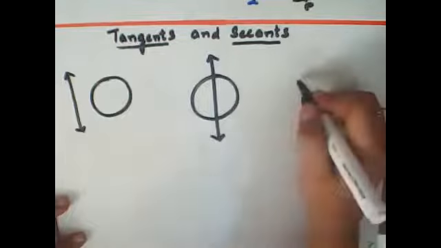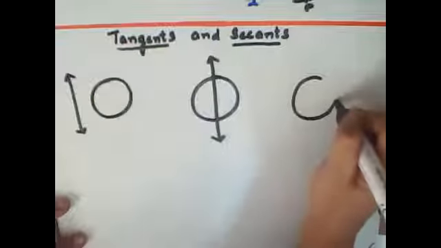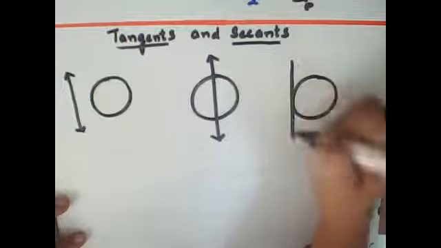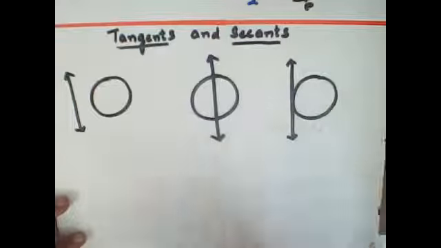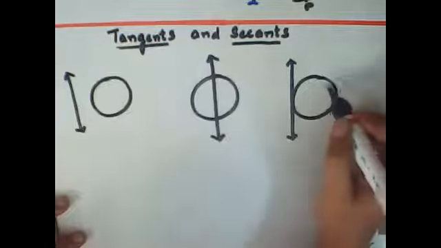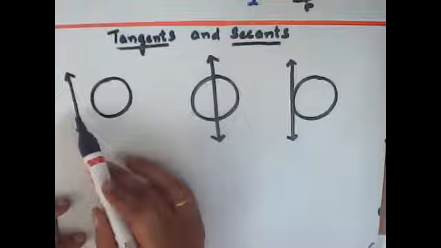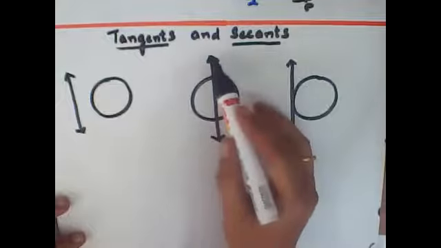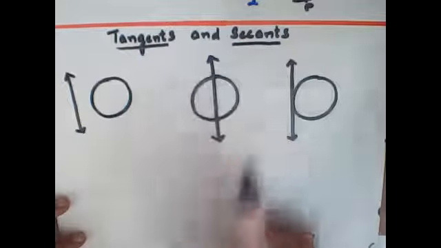The third possibility is that the line just intersects the circle at only one point. So, in the first case, the circle and the line do not intersect at all. In the second case, when the line is passing through the circle, the line is intersecting the circle at 2 points.